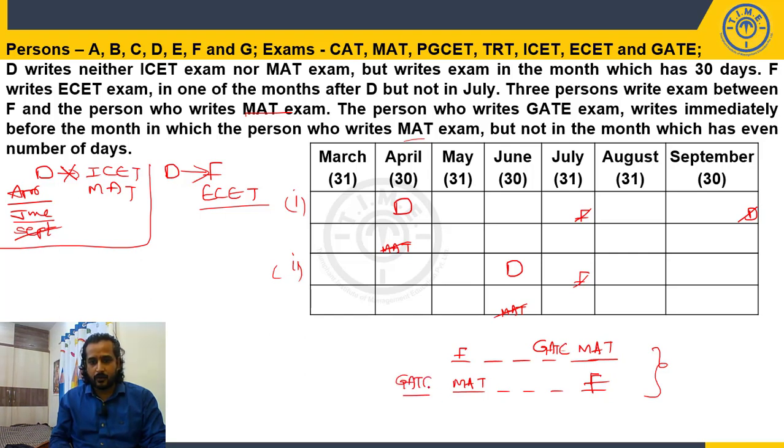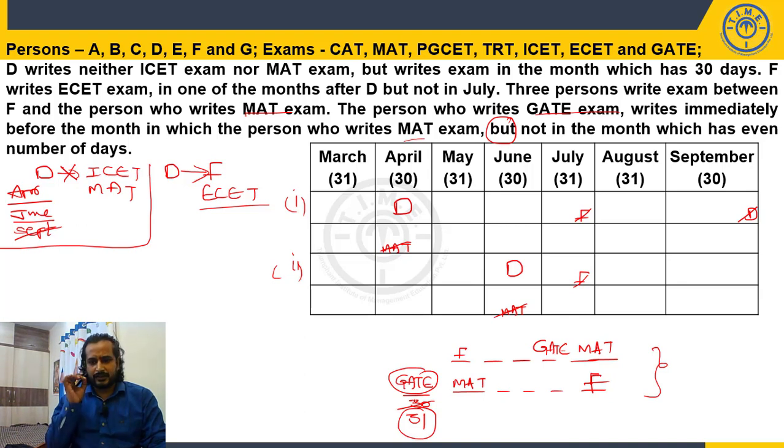GATE exam will be there. And what else is given? But the person who writes GATE exam is not in a month which has an even number of days. So it should be odd, so 31 days. The one who writes the GATE exam writes in a month which has 31 days.